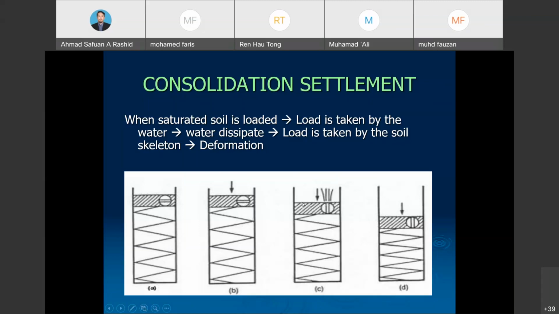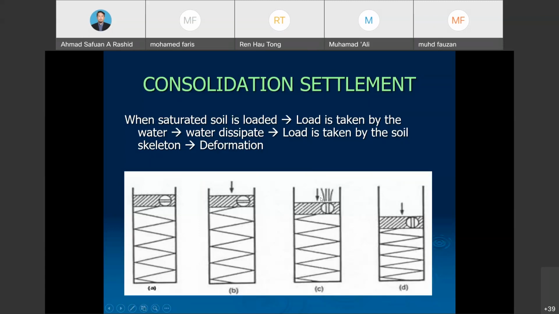So then when we open the valve and allow, for example, if this cylindrical glass or perspex is full with air, so this air will be expelled out from this volume.